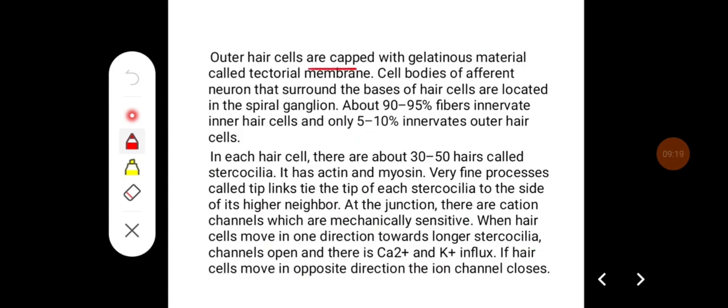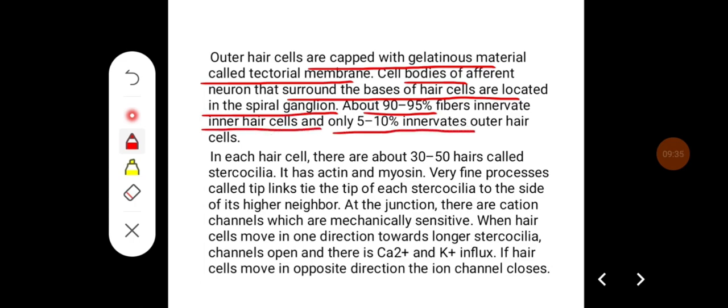Outer hair cells are capped with a gelatinous material called the tectorial membrane. Cell bodies of afferent neurons that surround the bases of hair cells are located in the spiral ganglion. About 90 to 95% of fibers innervate inner hair cells and only 5 to 10% innervate outer hair cells.